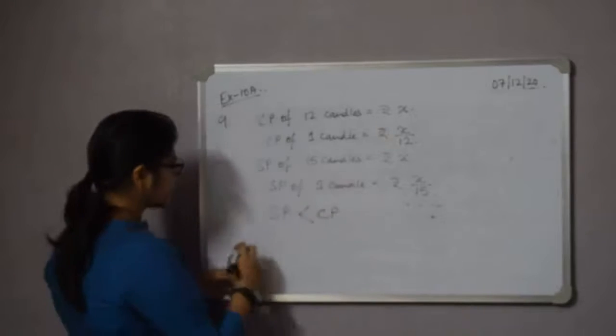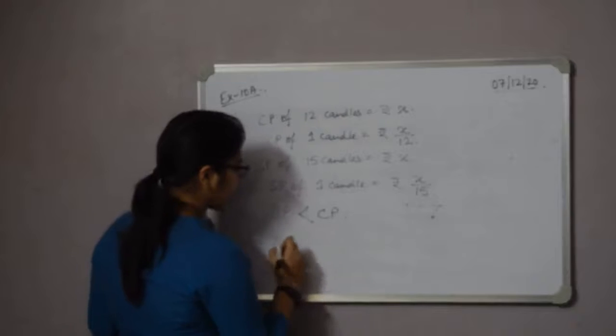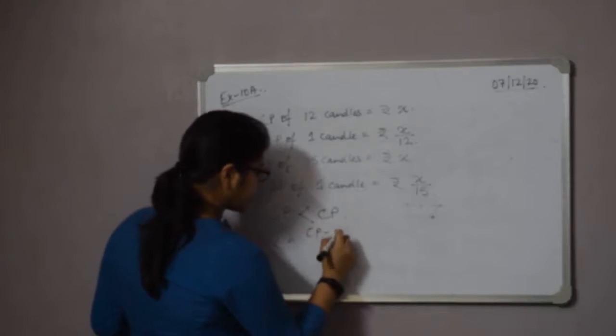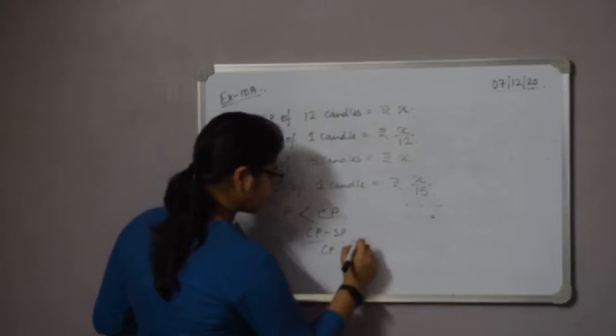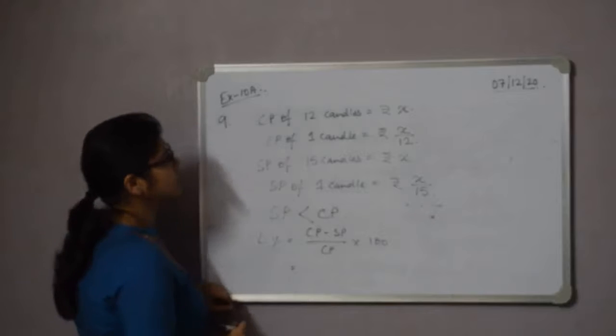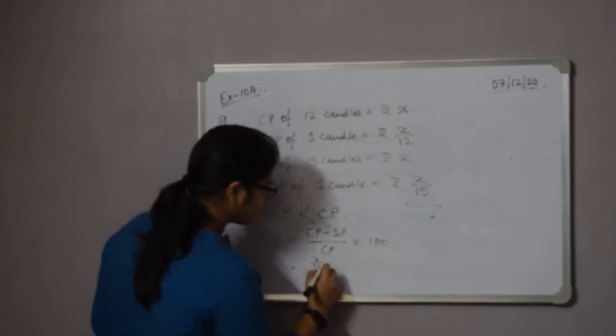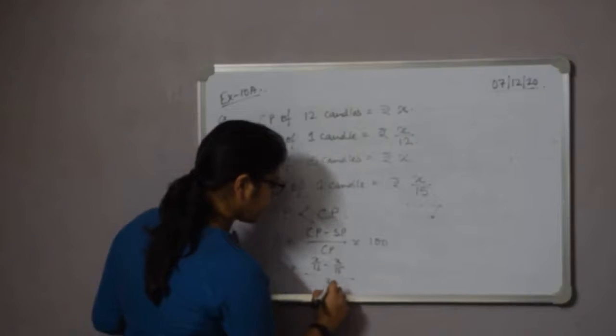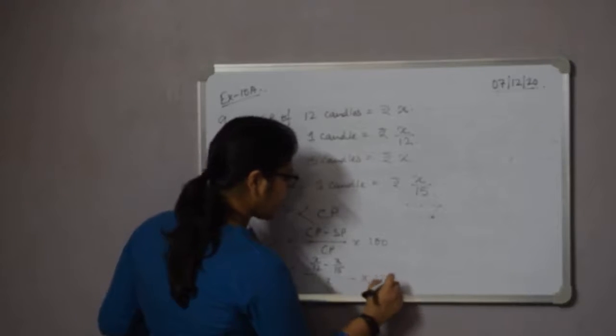Okay. So loss percentage is how much? Loss is how much? CP minus SP by CP into 100. So CP is how much? CP is X by 12, SP is X by 15 and CP is given as X by 12 again into 100.